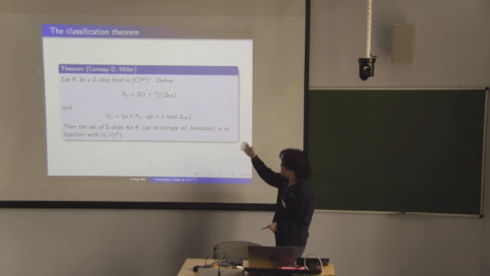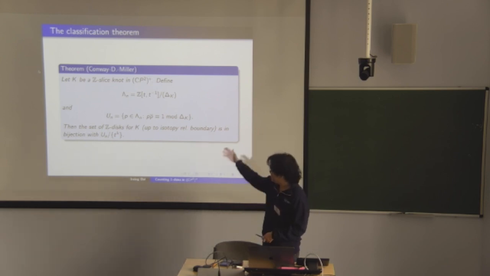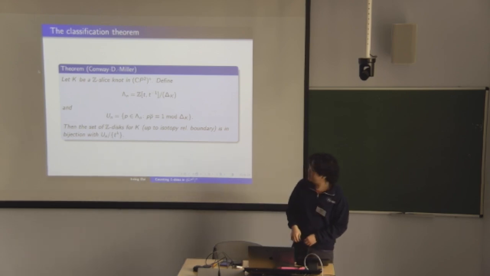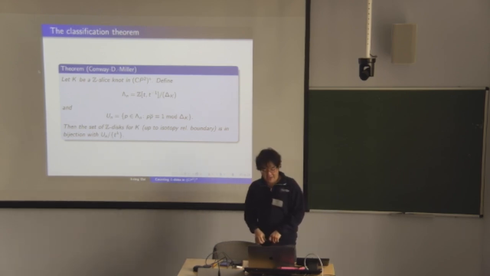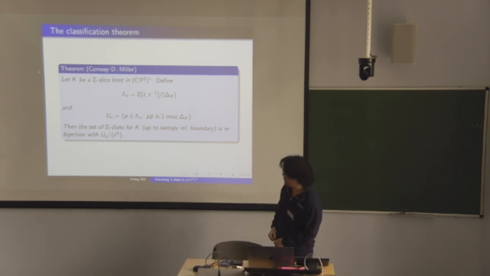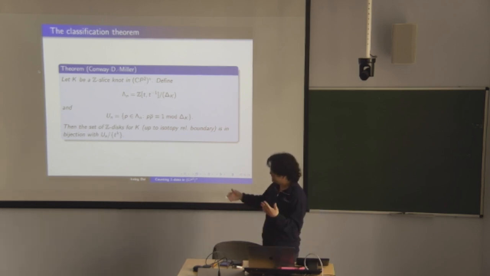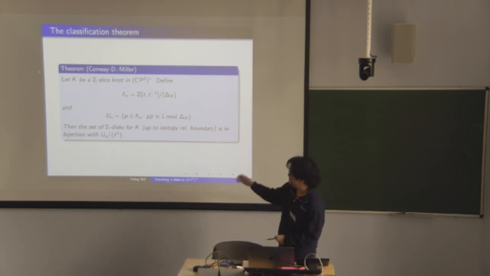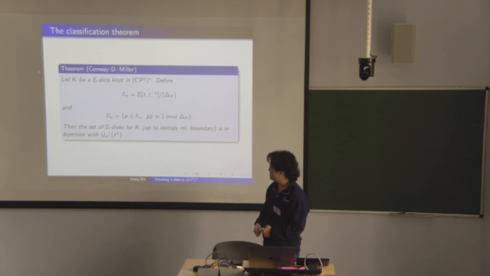Here I've just stated it again: the set of Z disks is in bijection with this set of unitary units, modulo, remember I told you that the curves are allowed to be equal up to multiplication by t to the k. So I have to calculate the cardinality of the set of unitary units modulo this subgroup of unitary units which are just given by powers of t inside this polynomial ring.